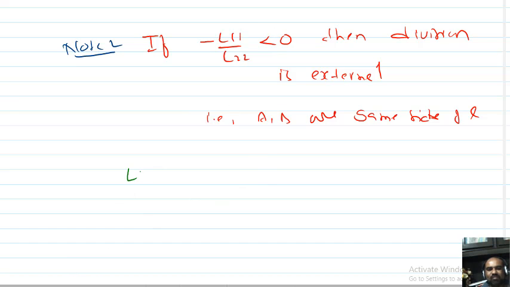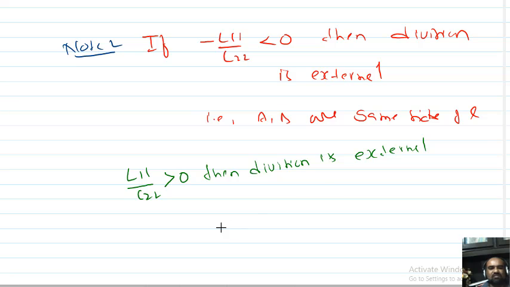That is L11 by L22 is greater than 0, means L11 and L22 are of the same sign. Then the division is external, that is A, B are on the same side of L. This is very important.